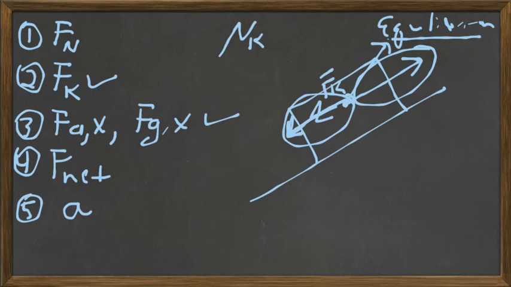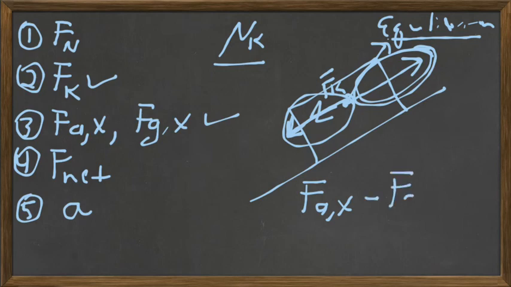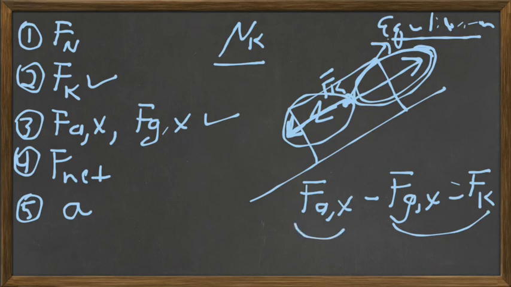So if I'm not given my coefficient of friction, look to see if they say the box is moving with a constant velocity up the incline, or it's at rest on the incline, perhaps being held in place by a rope. If that's the case, all I need is my force applied in the x direction. From that, subtract the force of gravity in the x direction, and that would equal the force of friction, because the sum of these two would have to equal this one for the net force to equal 0.